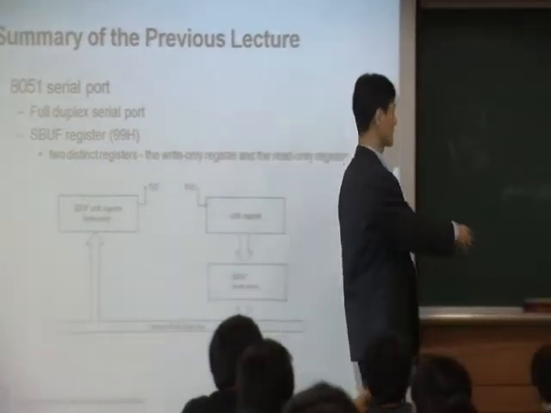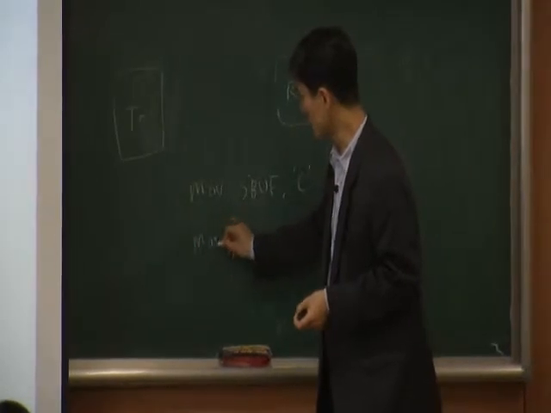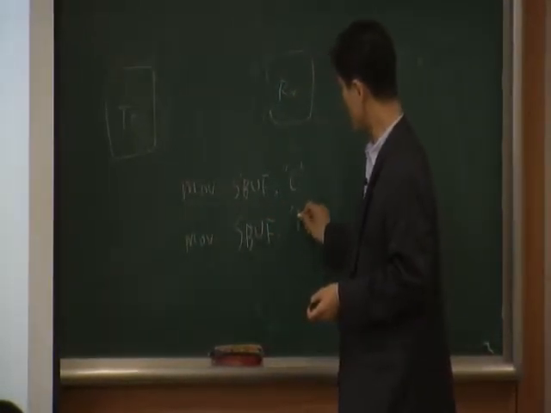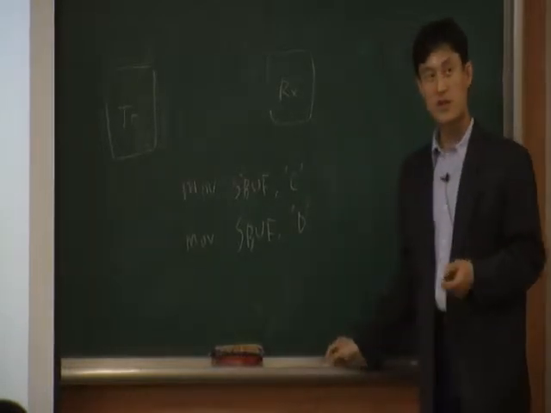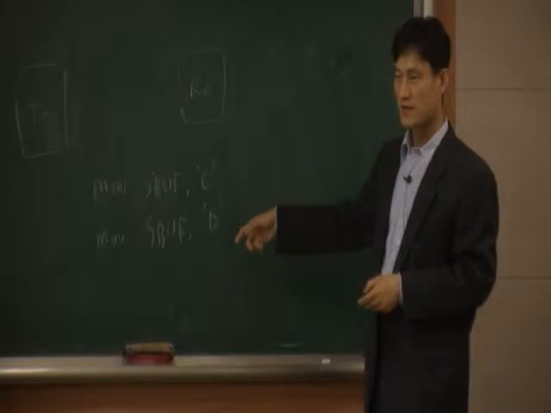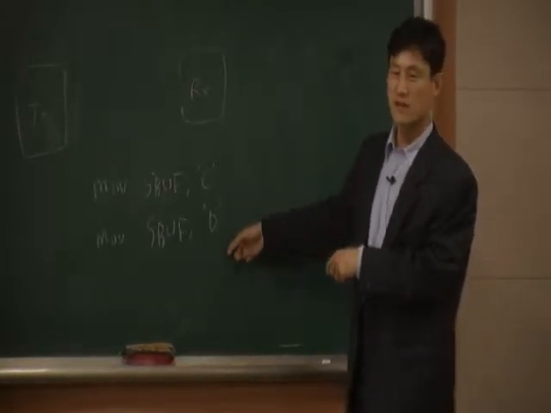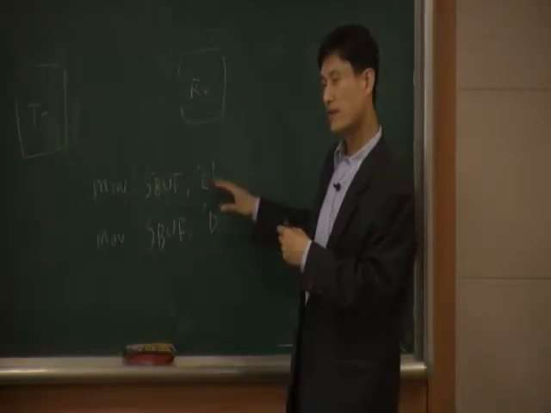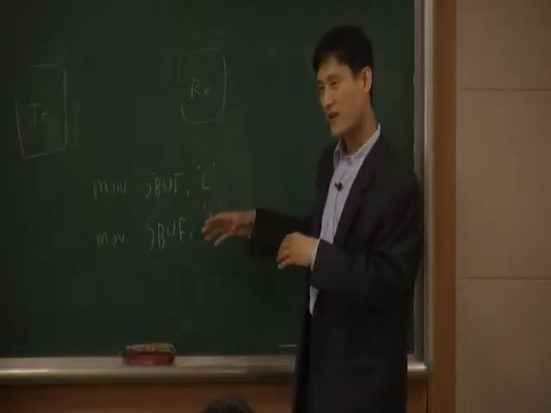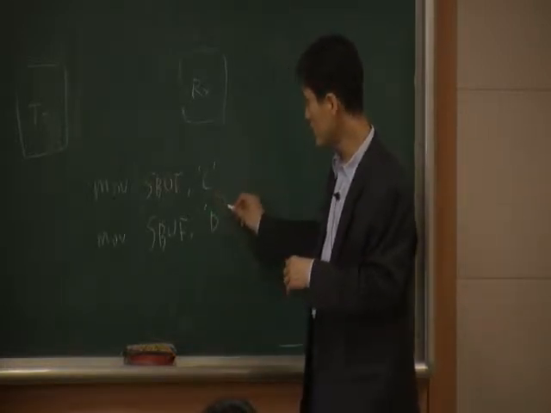Let's say you want to transmit C, and also D. If you want to transmit C and D, two letters, you should not do this. If you do this, the software runs this one and immediately after, you are writing the D value again. But you need to have a little bit of delay between these two.